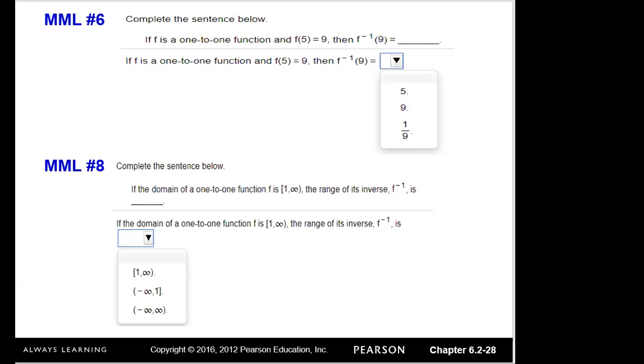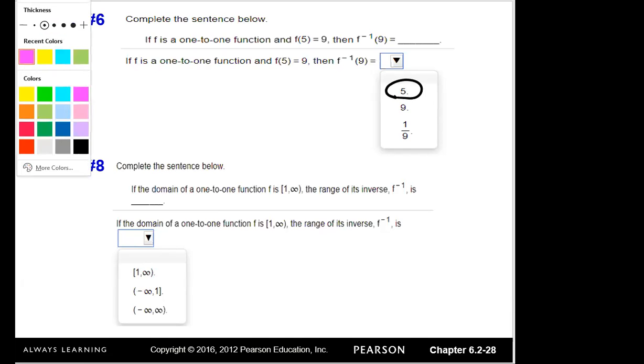Oh, there it is. Okay, 6 and 8 were really quick questions, so I just put them on the same slide. It says, if f is a 1-to-1 function and f of 5 equals 9, then the inverse function, who has an x coordinate of 9, should have a y coordinate of 5.